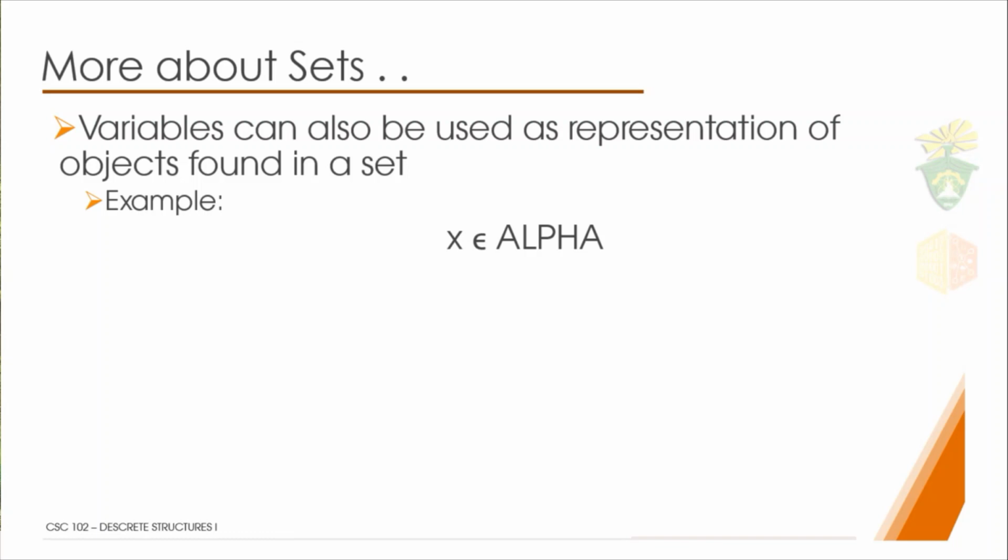This x could be anything, any letter that alpha contains, since alpha's members are all letters. Thus the x should always represent the element of the set it belongs to. So this variable should also always represent the element that belongs to the set alpha.